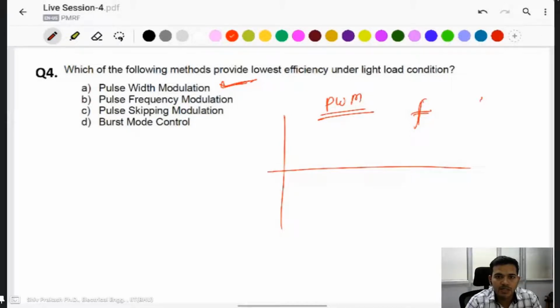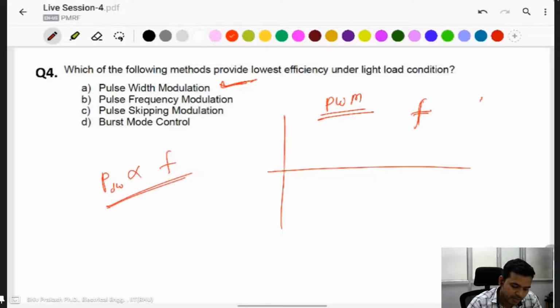That's why the efficiency is reduced in the light load condition: the conduction loss is reduced because the current is reduced, but the switching frequency is the same, and the switching loss is directly proportional to frequency. That's why the power loss increases in pulse width modulation because the frequency is fixed.